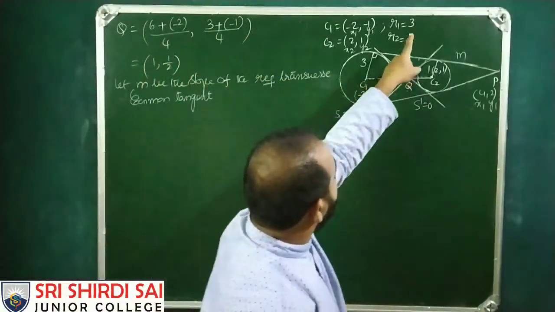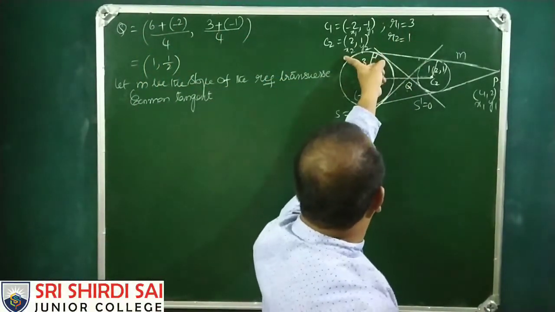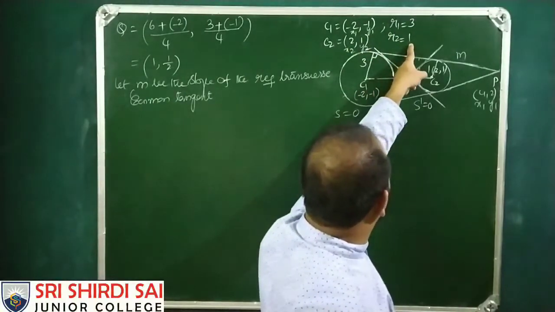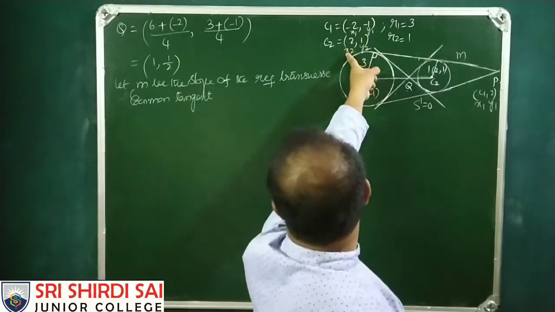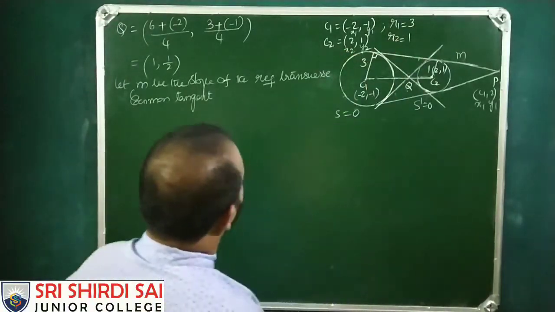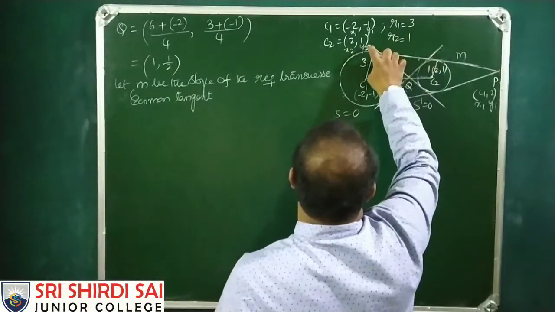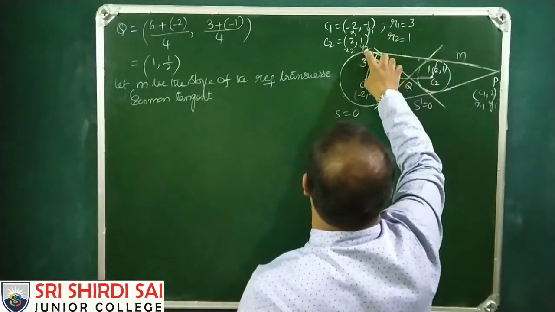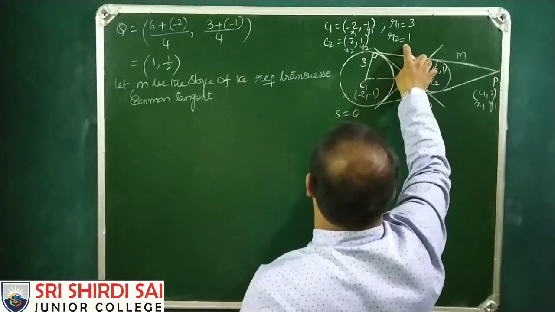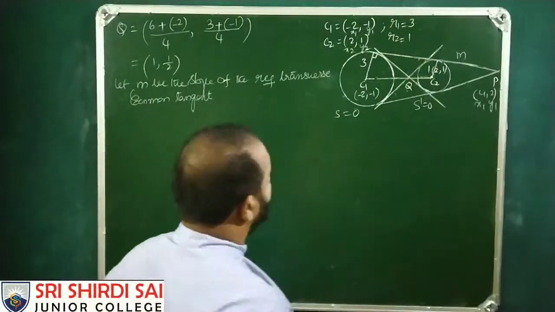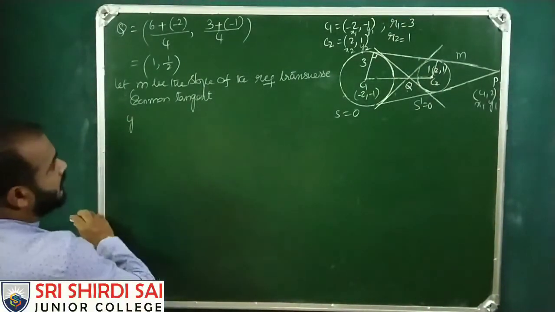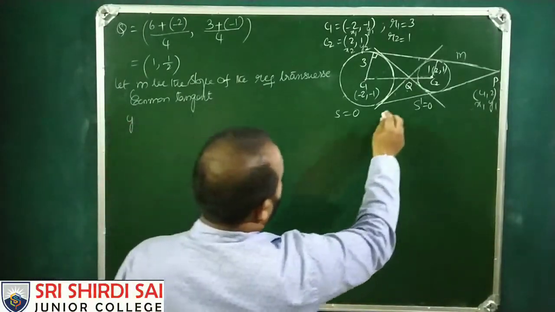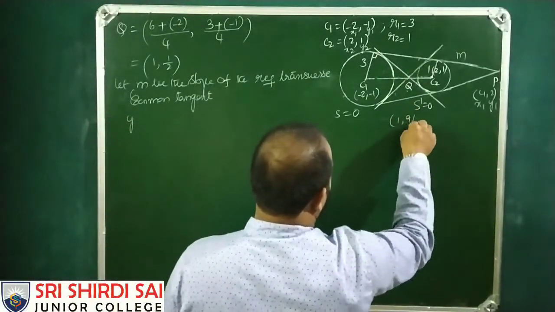R1x2, 3 twos are 6, plus R2x1, 1 into minus 2, 3 twos are 6 minus 2. So 3 into y2, R1y2 plus R2y1. Okay, good. So now, this is passing through 1 comma 1 by 2.